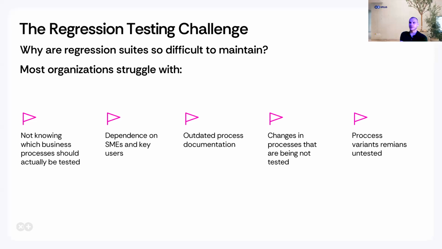So that's why very often we see only the critical things tested and variants tested just on demand or even not tested. So these are the challenges that we face today with regression testing, no matter if this is manual or automated testing. All those points are relevant and they make us struggle with maintaining a good regression suite, a good regression test plan.